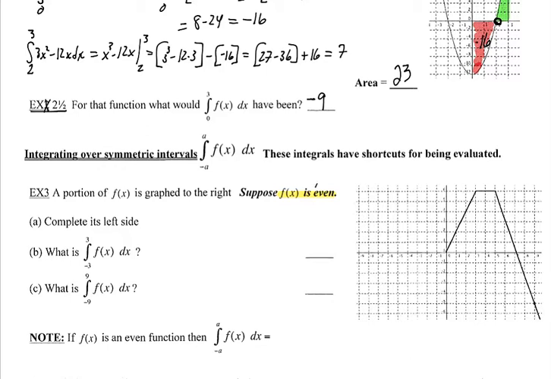So a function is even if it's something like x squared or x to the 4th or cosine x. Those are even functions.